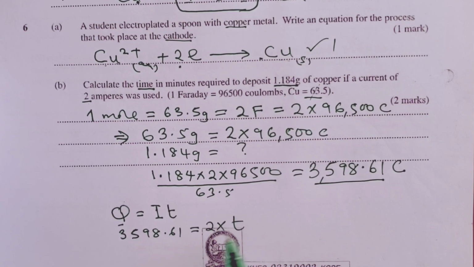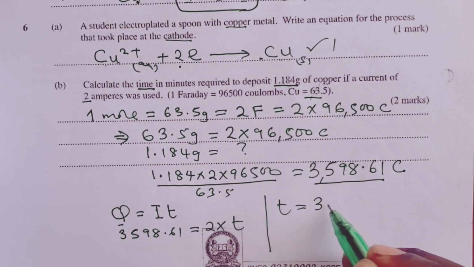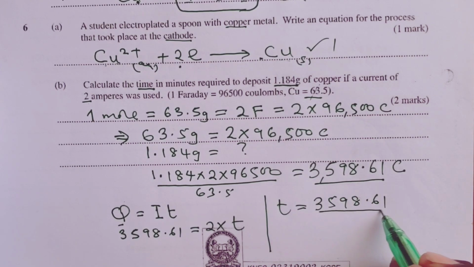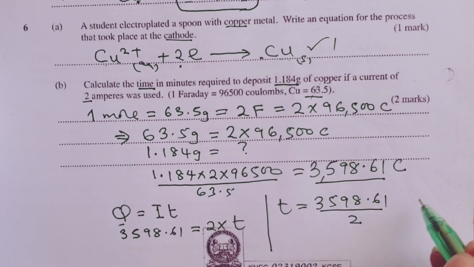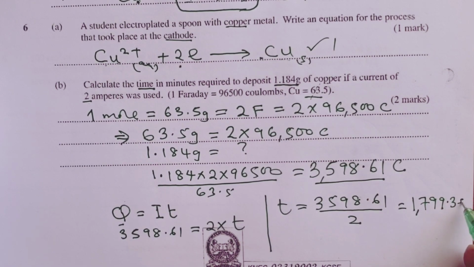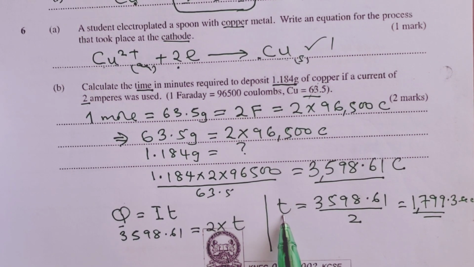So with this relation, we can go ahead and get time. And time would be given by 3,598.61 divided by 2. That gives 1,799.3, but they are seconds. Remember, we've agreed that time is given in seconds.